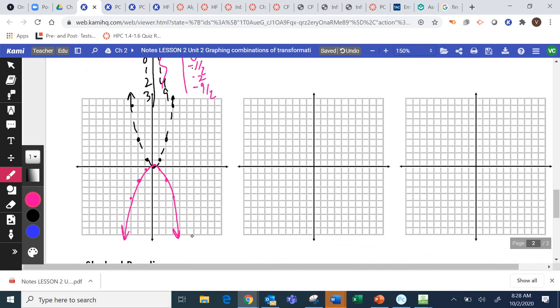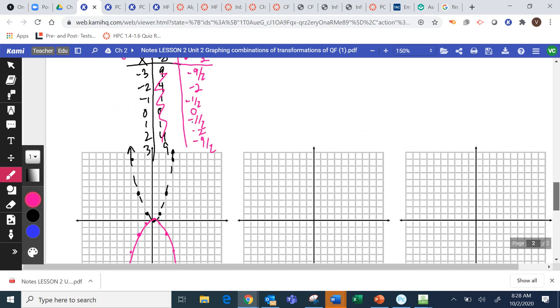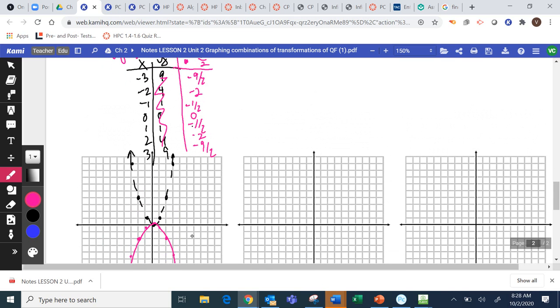Do we have questions? I'll go back up to my table. All I did for the graph was plot the points that were in the table. I made sure that the graph looks like a rounded U shape. It does not look like a V, because we're doing quadratics, we're doing squares, and those look like U's. Great. The next question. If you're ready to go on, we're going to need a table again.